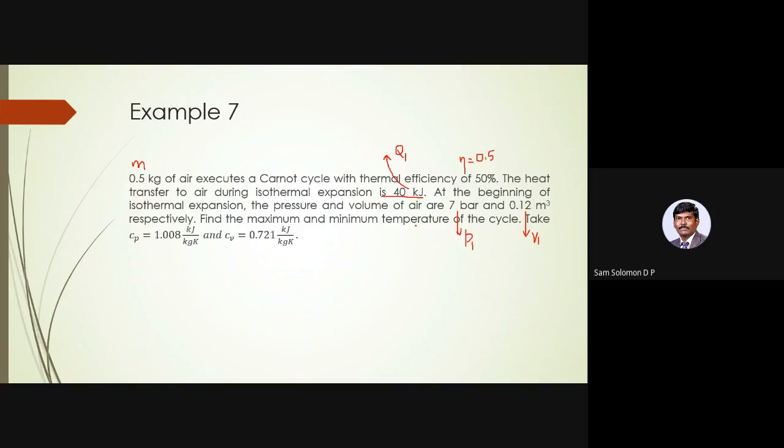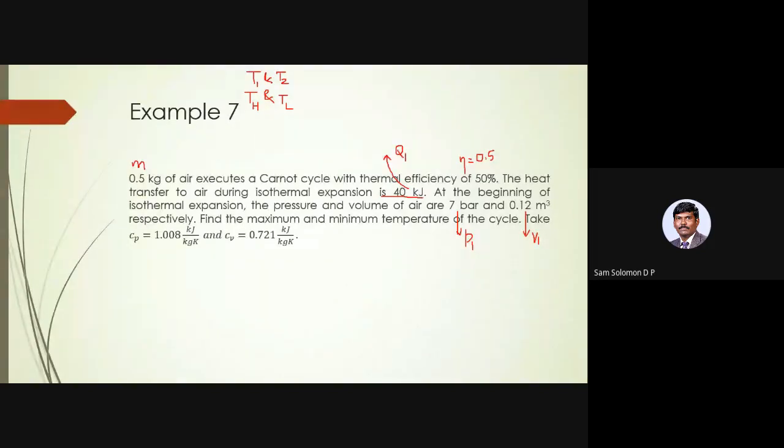They have also given you the Cp and Cv values. So they are asking you to find T1 and T2, or if you are convenient with the notation TH for the high temperature source and TL for the low temperature sink, you can use either representation. So these are all the given details.